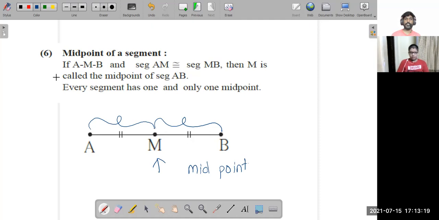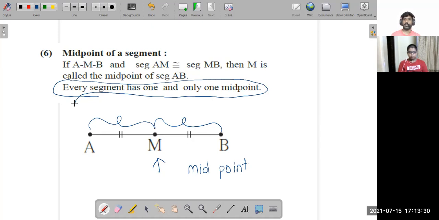Now, if you read this last line, it says every segment has one and only one midpoint. Okay, one segment cannot have two midpoints. One segment can have one and only one midpoint. Clear?